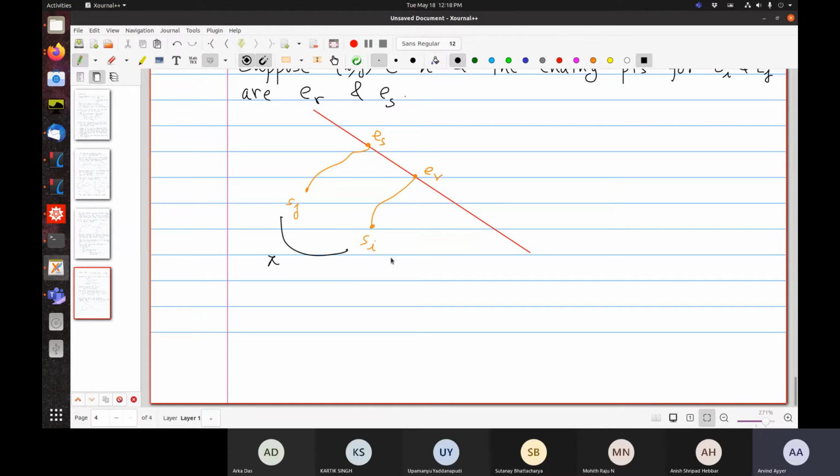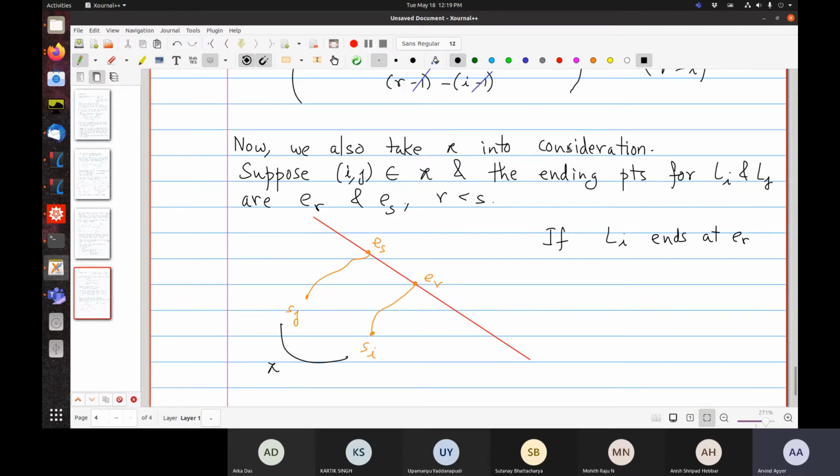Okay. And we will assume here that r is less than s. Okay, so we will always take E_r to be ending below and right of this. Okay, so now this is the first case, if Li ends at E_r, so here also I should have said i is less than j. Okay, so Si is before this.